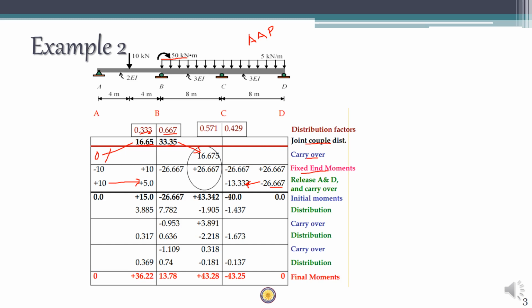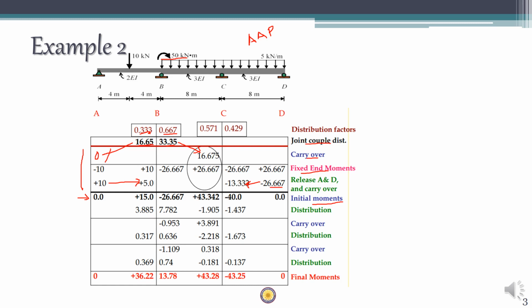Once we have this, you have to sum starting from the fixed end moment, the release and the carryover. You have to sum these three columns so as to get this particular row. These particular moments are called your initial moments, and once these initial moments are obtained, the remaining step is to carry out the normal moment distribution method.